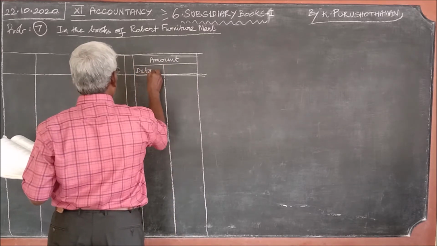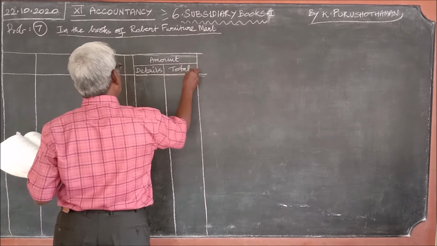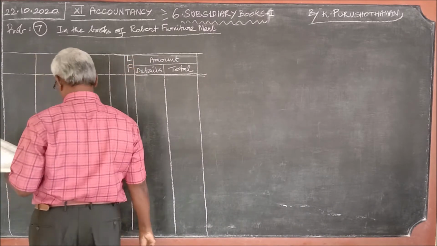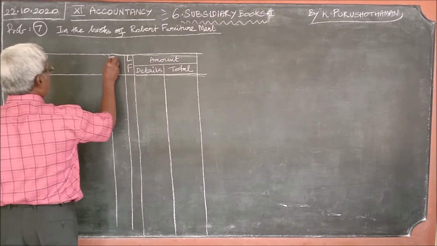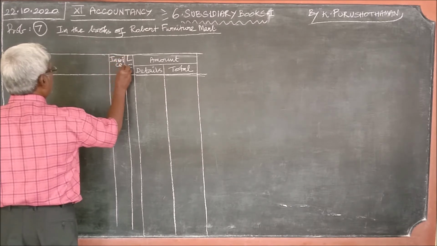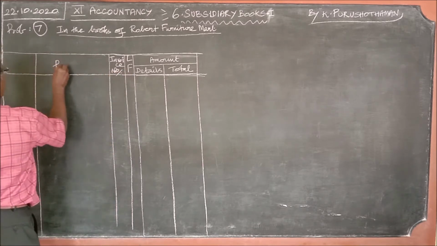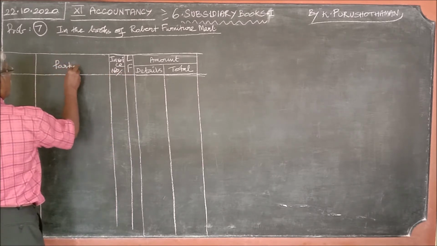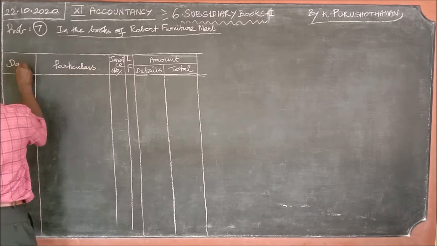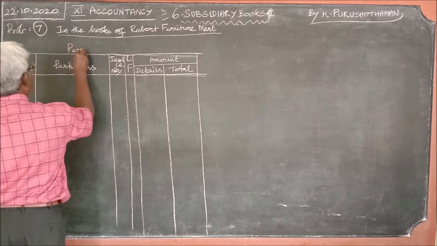Details, total. This is the last one. The next one is ledger folio. Then this column is invoice number. This is particulars. This column is meant for dates. This is the purchases book.